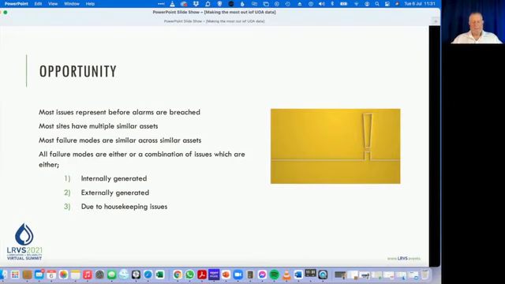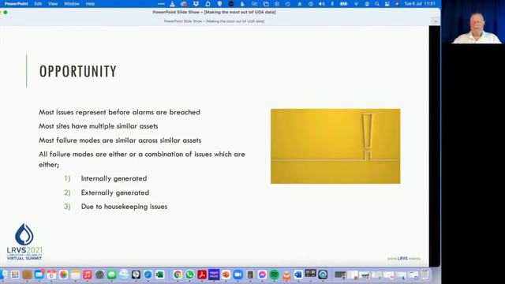There are many times we've had failures and we go back and look at our data and we can see some kind of trend change, but it's not significant, but we can see it's changed and that it's related to the failure. Also, most sites have multiple similar assets and most failure modes are similar across similar assets. So we can learn from one machine and inform another, again, which we don't very often do.